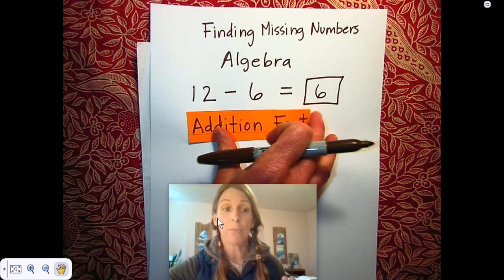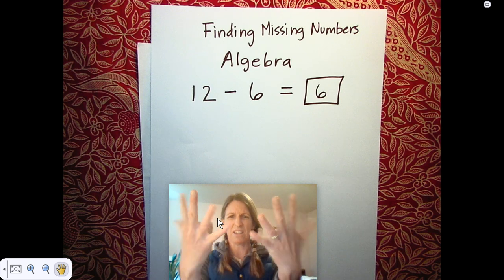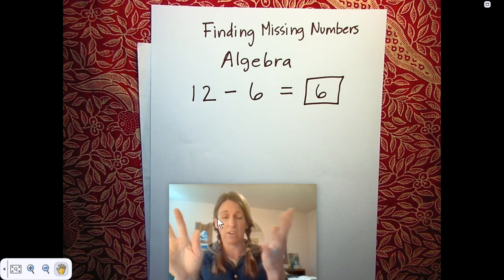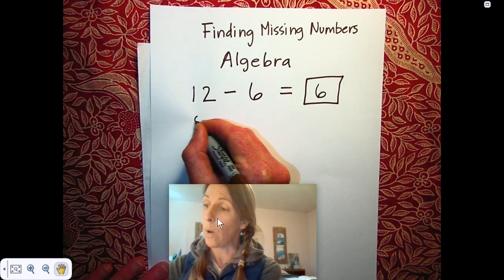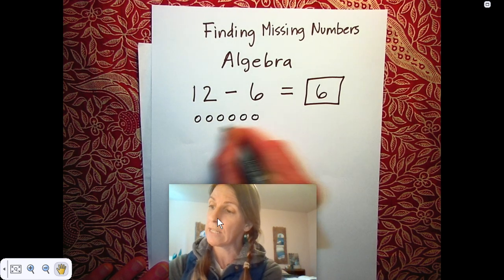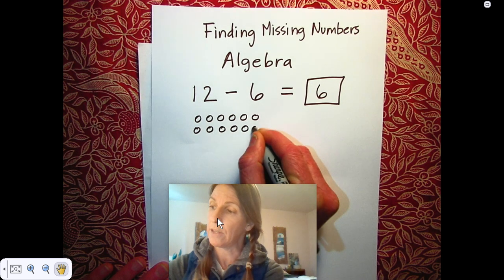If I couldn't remember it, hey, I could use my fingers. But it's kind of hard to do it starting with 12, because I don't have 12 fingers, and then try to take away 6. I could draw a picture. 1, 2, 3, 4, 5, 6, 7, 8, 9, 10, 11, 12.